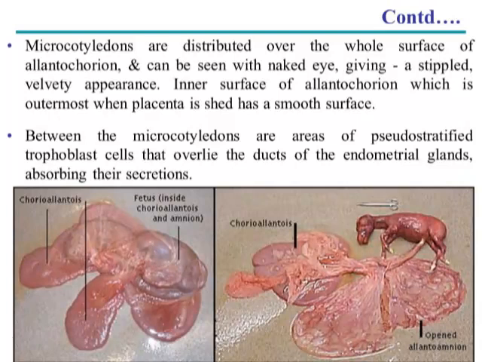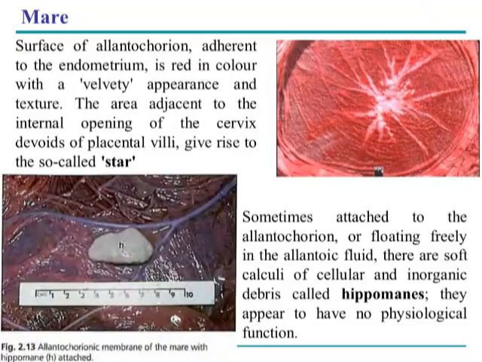The area between microcotyledons is called the intermicrocotyledonary area, which is composed of pseudostratified trophoblastic cells, and there is no direct role in the placental function of these particular areas, but they participate in absorption of secretions from endometrial glands.